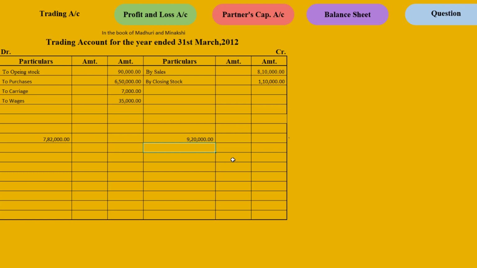Now which side is higher? This amount will be written on both sides. Here you write 9,20,000. This 9,20,000 will be written in the outer column.